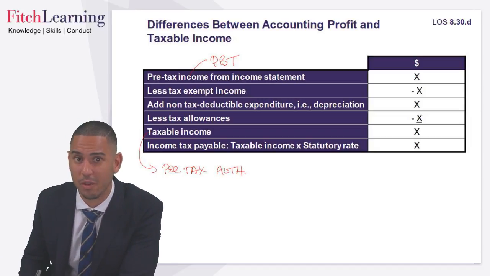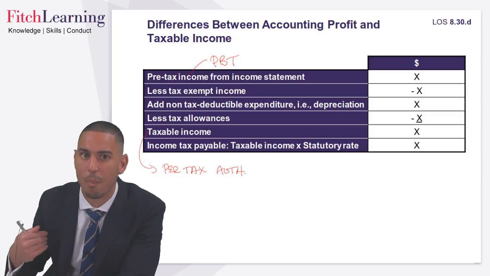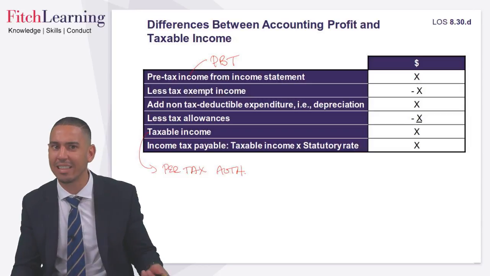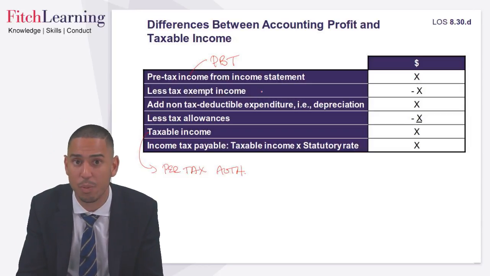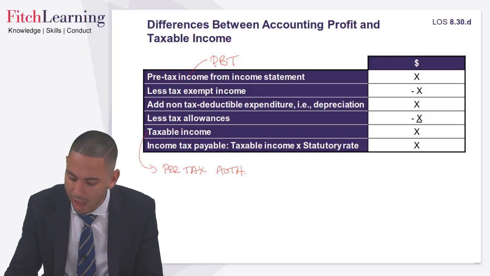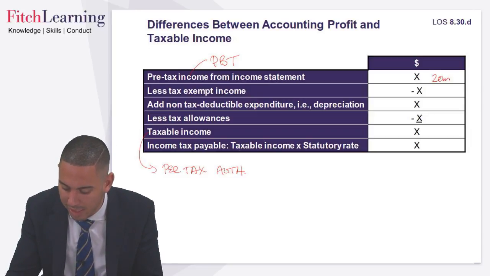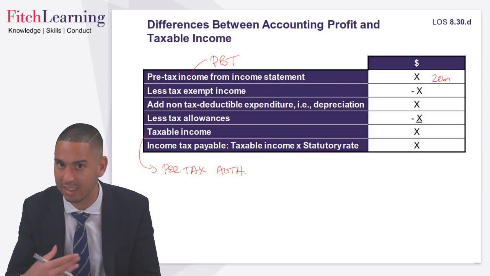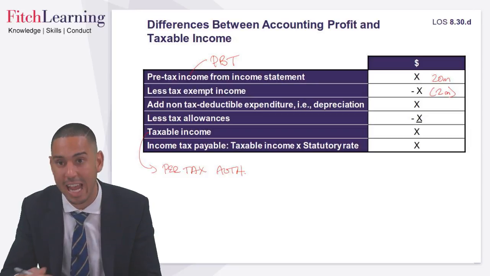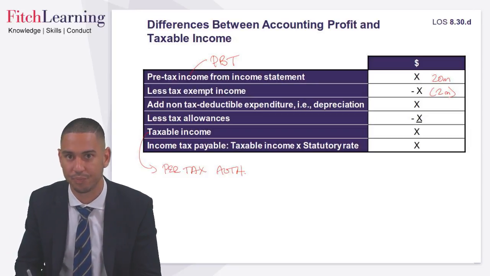So what are we going to do? I said you're going to have to take out permanent differences. For example, I said tax exempt income like a municipal bond. This is a permanent difference. If I have pre-tax income of 20 million and 2 million of that is a municipal bond, which is tax-free in this situation, well, I only have to pay tax on 18 million worth of income.